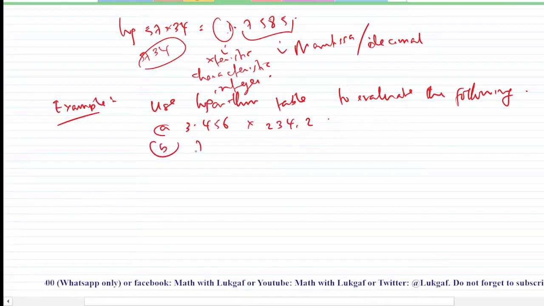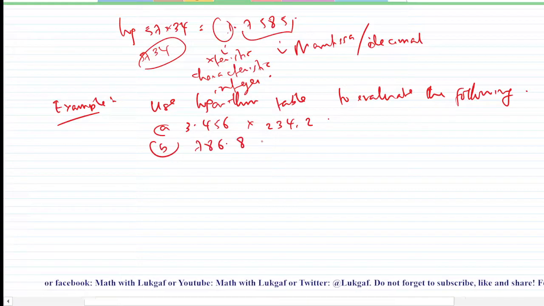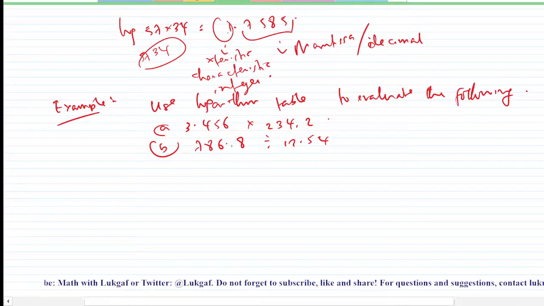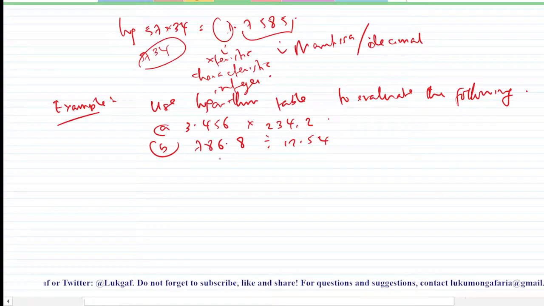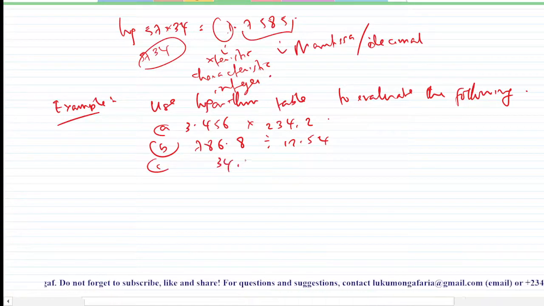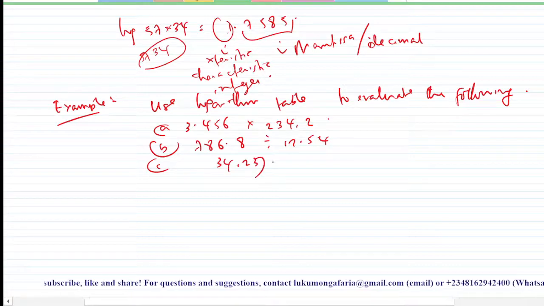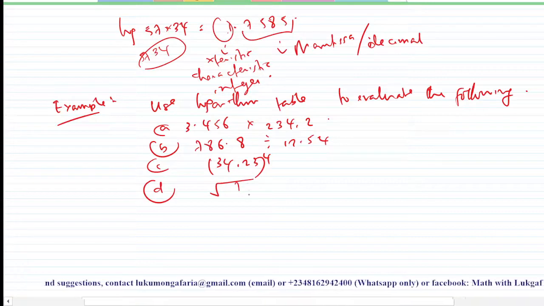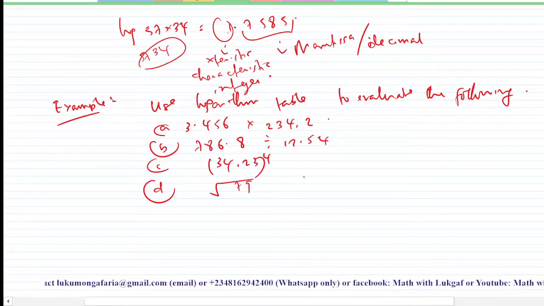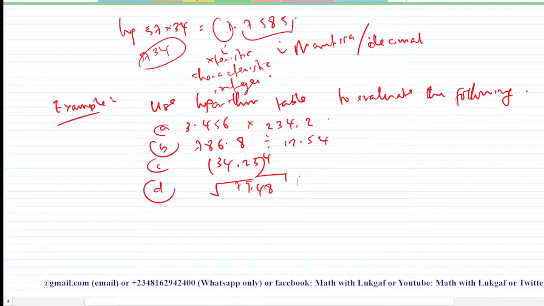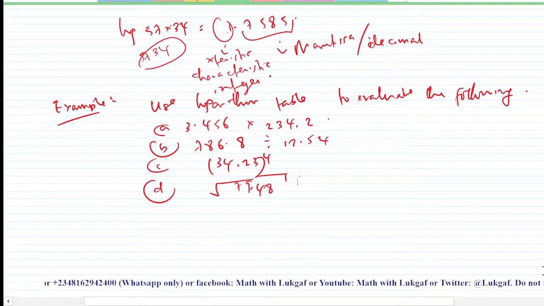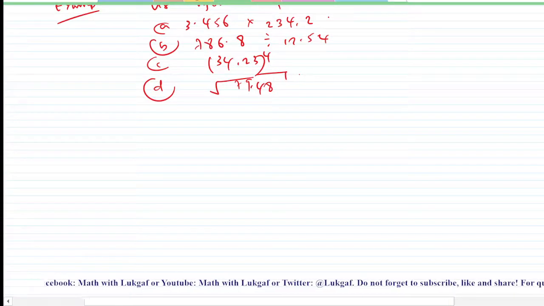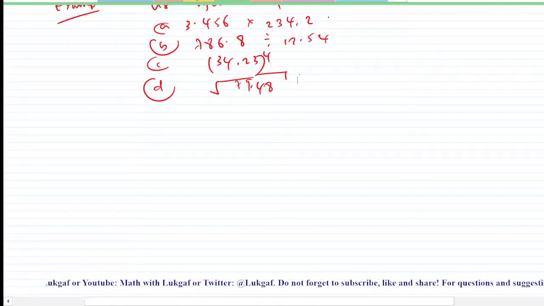Number 2, I have 786.8 divided by 12.54. Number 3, I have 34.23 raised to power 4. Number 4, I have the square root of 79.48. These are not difficult to find, and you don't need to use your calculator; you can actually use the 4-figure table directly.